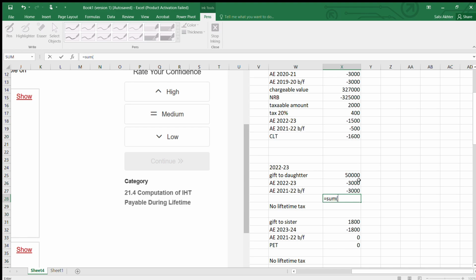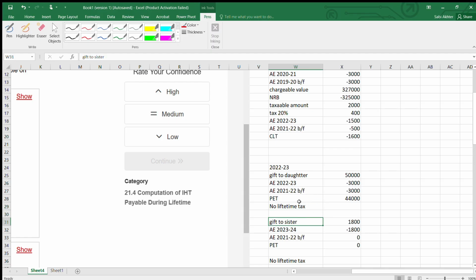And then we are going to do the sum function. So the chargeable amount is 44,000. The earlier one was a trust, but this one is a PET because you are giving it to a daughter. So no lifetime tax payable.